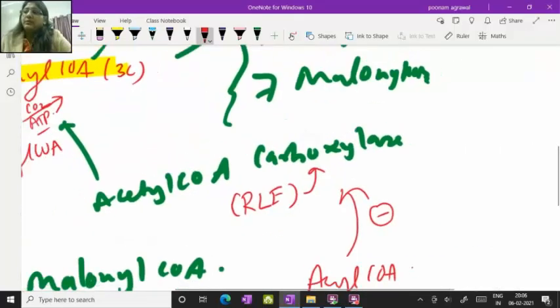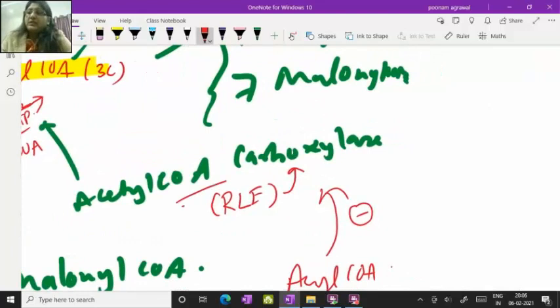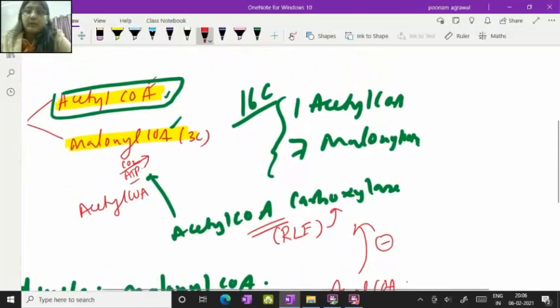For example, you need insulin for action of this enzyme, because the monomers of this enzyme are active in the dephosphorylated state. So for that you need insulin. Insulin is an anabolic hormone. We say insulin is going to synthesize fatty acid. So this is exactly the place where insulin has its impact. Insulin activates this enzyme by dephosphorylation.